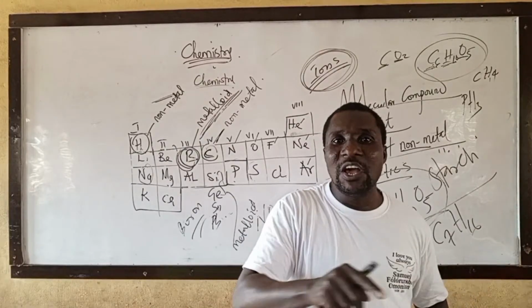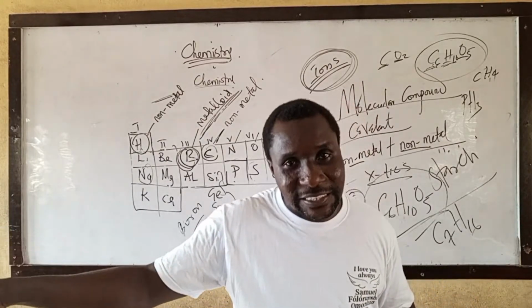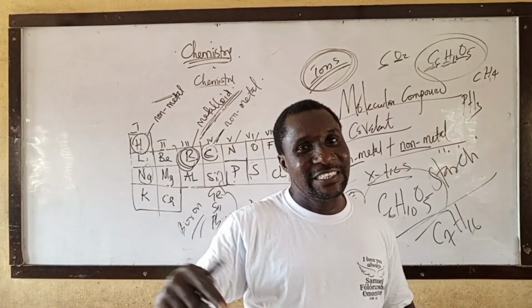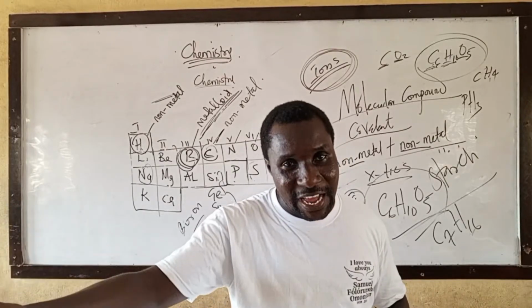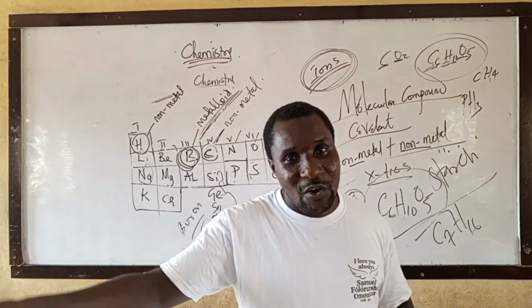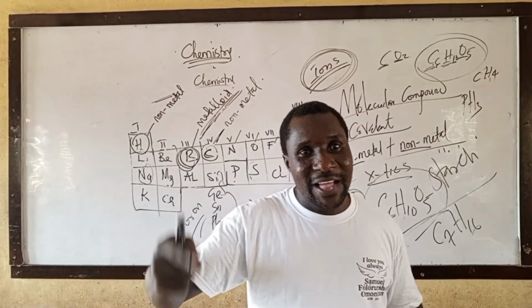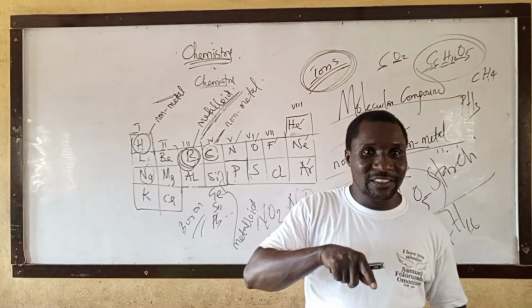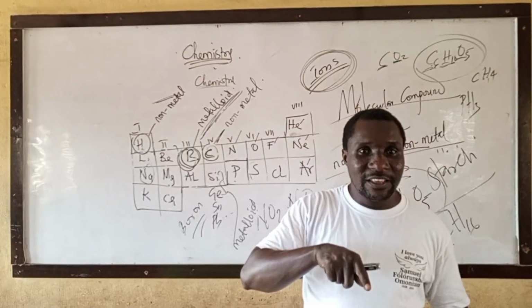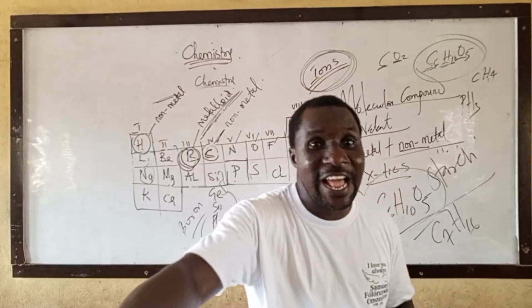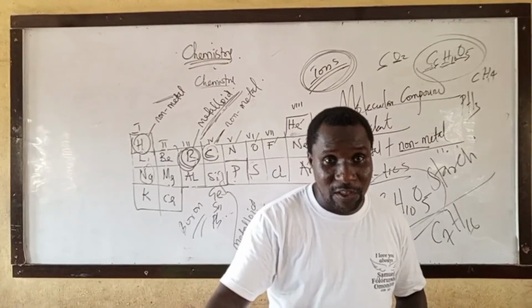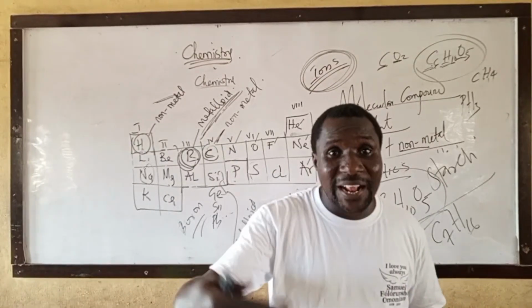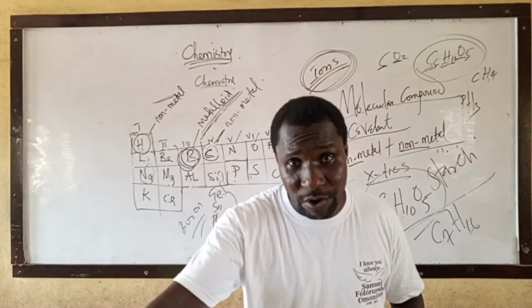We have some covalent compound that conduct current, but that is when we get to advanced, we now go further. Some conduct current, some cannot. You understand? But based on your SS-based scheme of work, they will say covalent compound cannot conduct current.